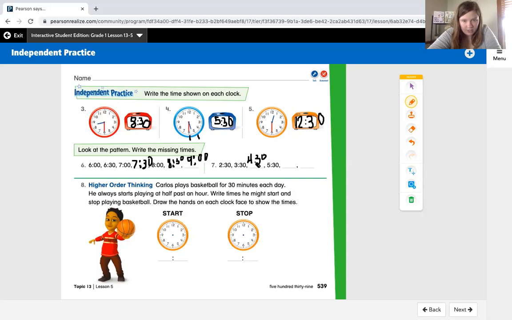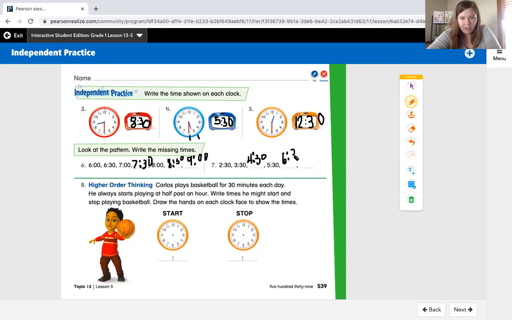My dots didn't appear. So I want you to think about what would come here. Listen to the pattern again. 2:30, 3:30, 4:30, 5:30. What could come next in our pattern if it's moving up by an hour each time? 2:30, 3:30, 4:30, 5:30, 6:30.